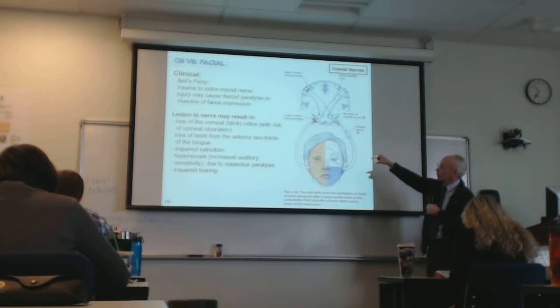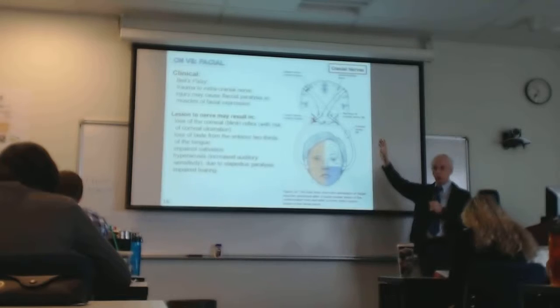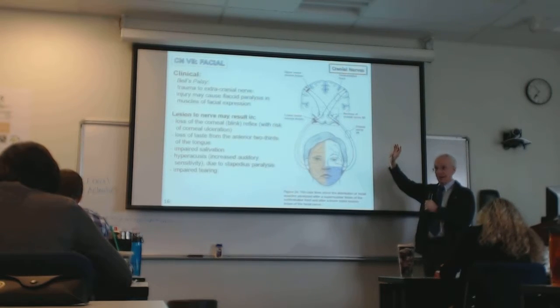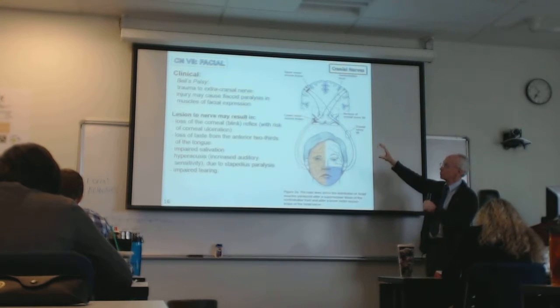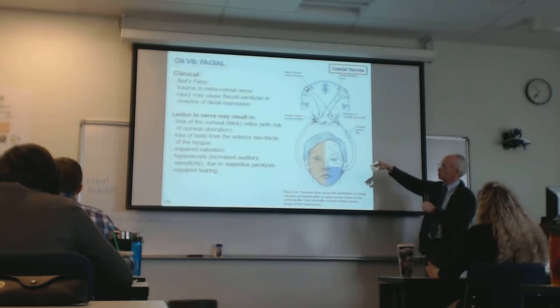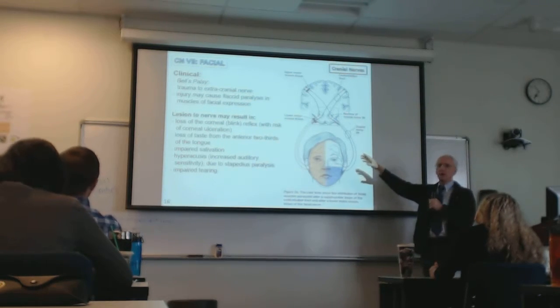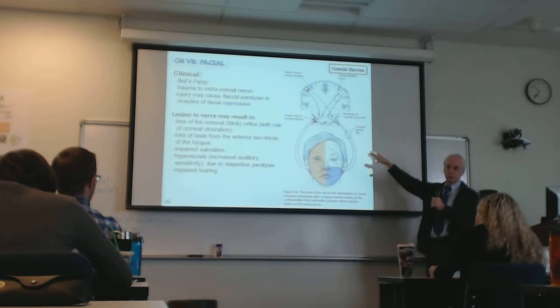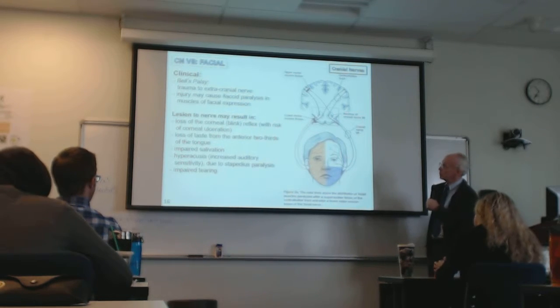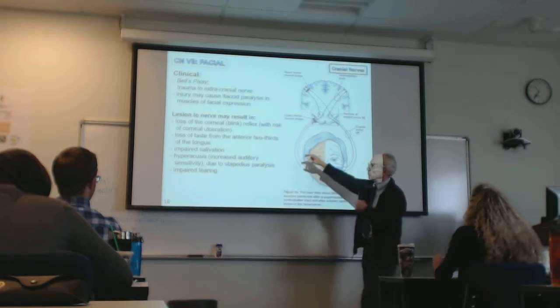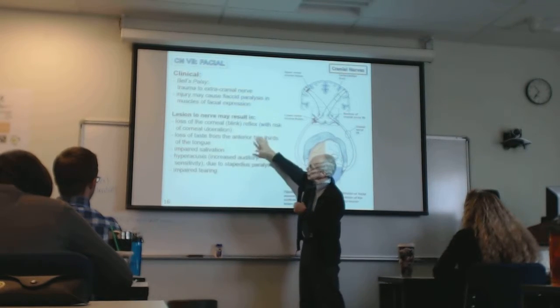This is referring to Bell's palsy in association with the facial nerve. I think it's probably correct to argue that there's some type of dysfunction, paralysis, or loss of transmission through the facial nerve in cases of Bell's palsy. But there are many different causes. In most cases, we don't know what causes Bell's palsy. It could be viral, it could be idiopathic, whatever. And you can see some of the possible consequences that you may not anticipate.